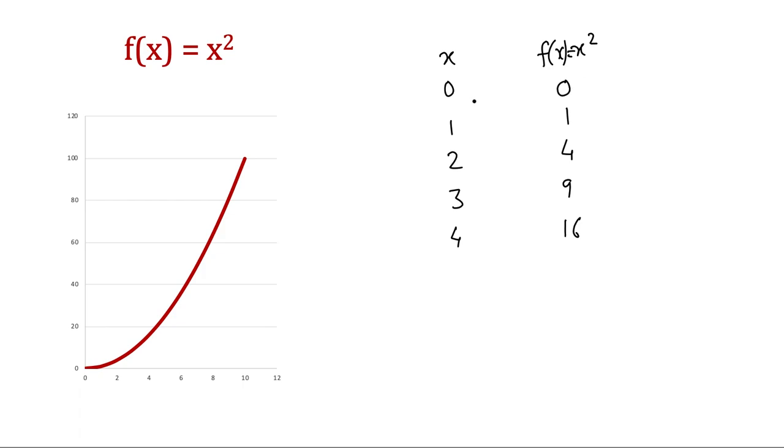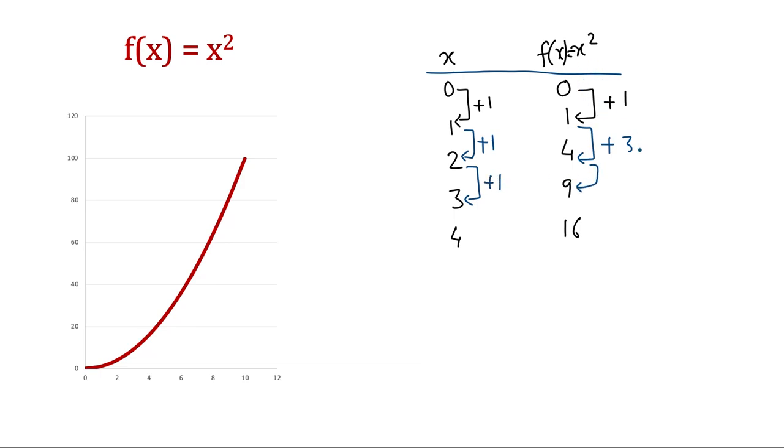So here you see that if I increase x by 1 unit, this has gone up by 1. Now I increase it again by 1, but the difference here has gone up by 3, although I am increasing x by the same amount. Now I increase it again by 1 unit, but the x squared difference goes up by 5 units, and similarly here 7 units.